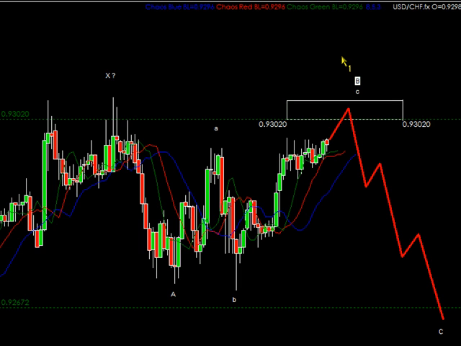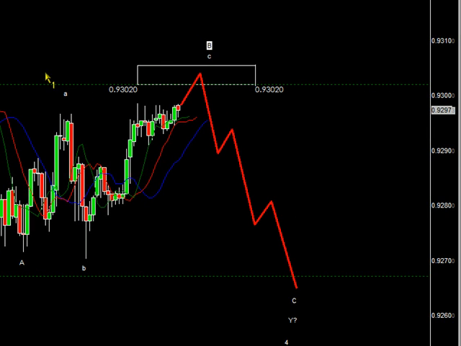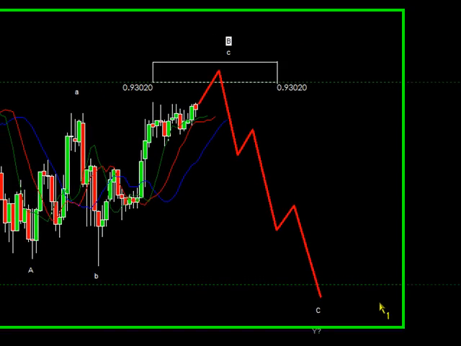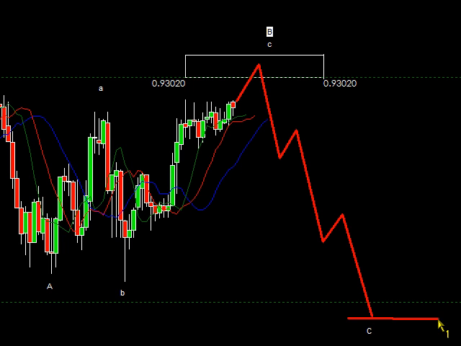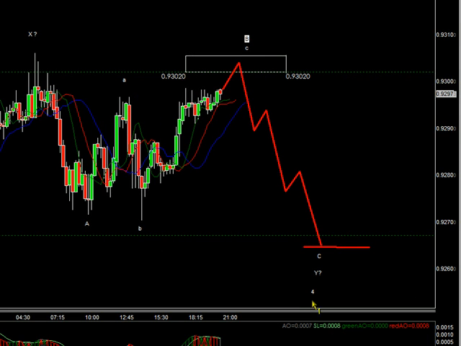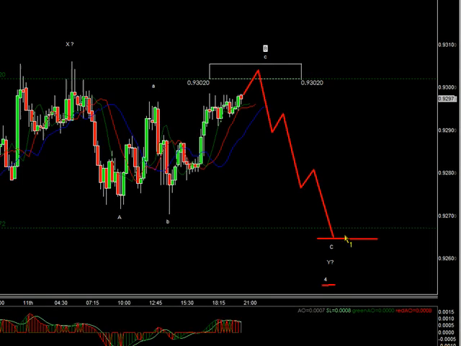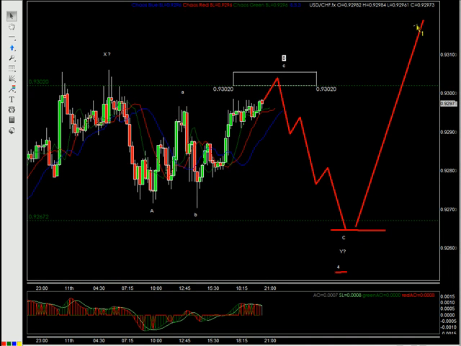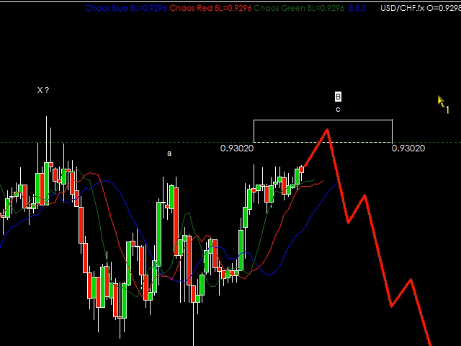Now, how far will it go? I'm not sure, but don't expect it to go too far down, because once it completes the wave 4, it now has a wave 5 to complete before it continues what I think would be a fairly large down move.